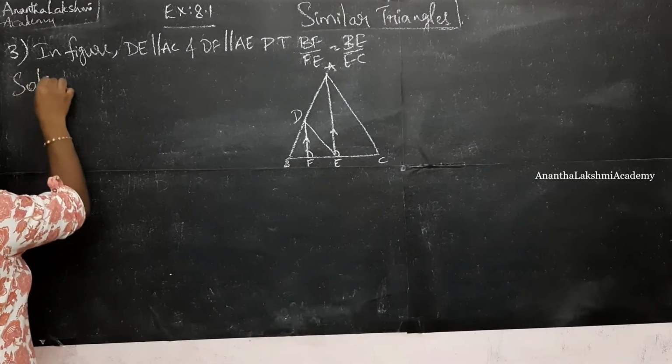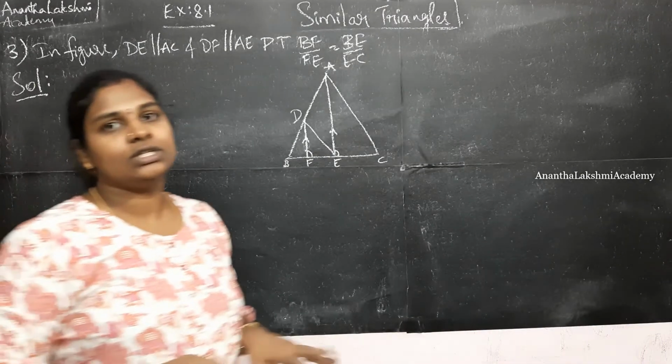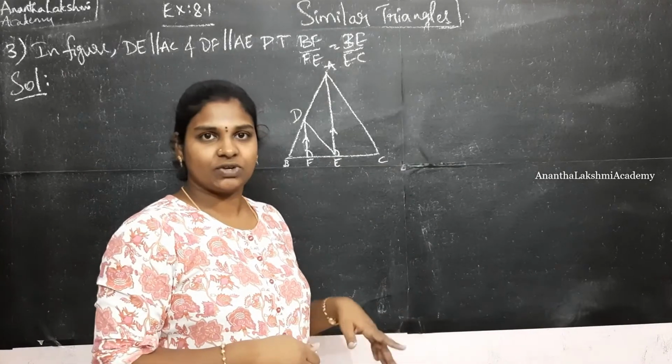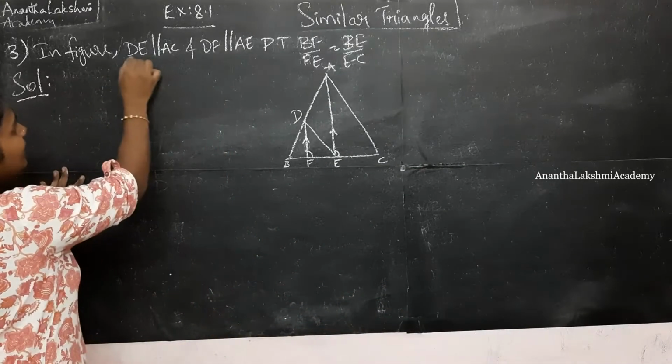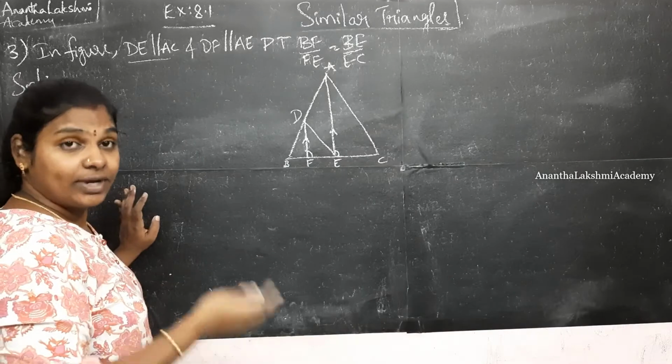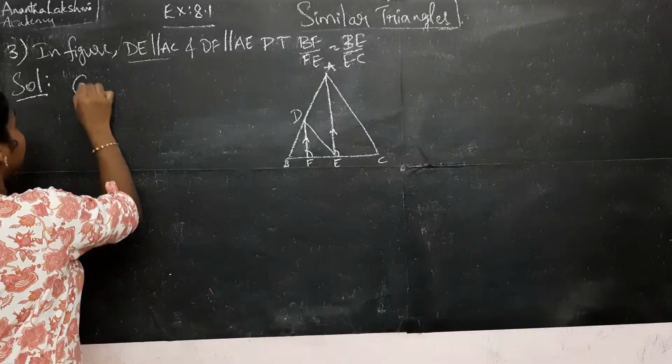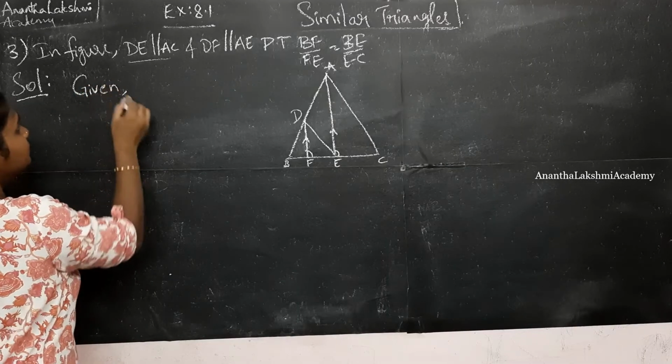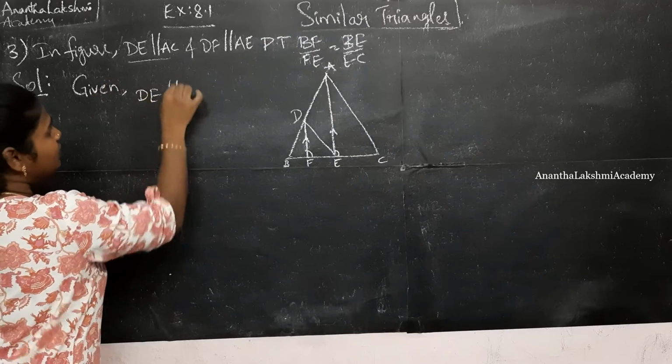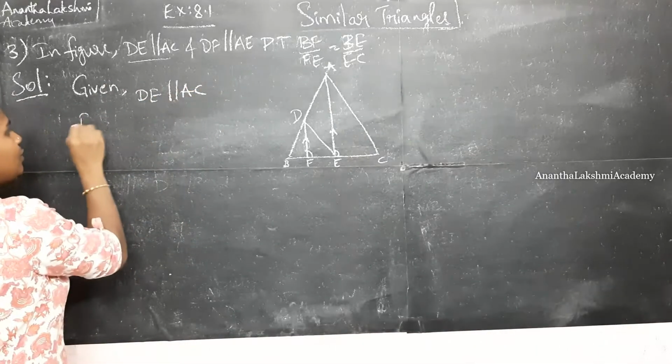All the exercise problems are mostly based on the basic proportionality theorem or the converse of it. Given that DE is parallel to AC, we are going to apply the basic proportionality theorem here.